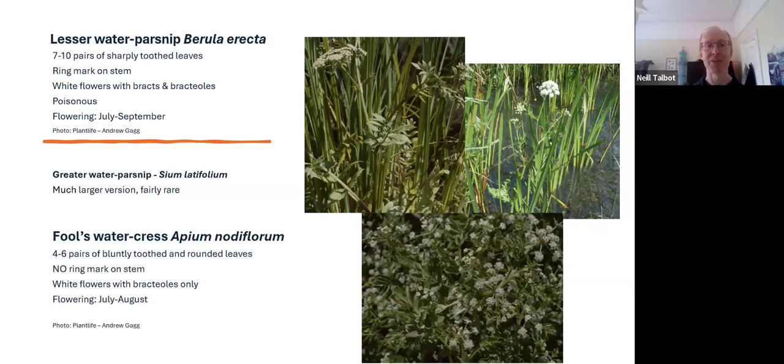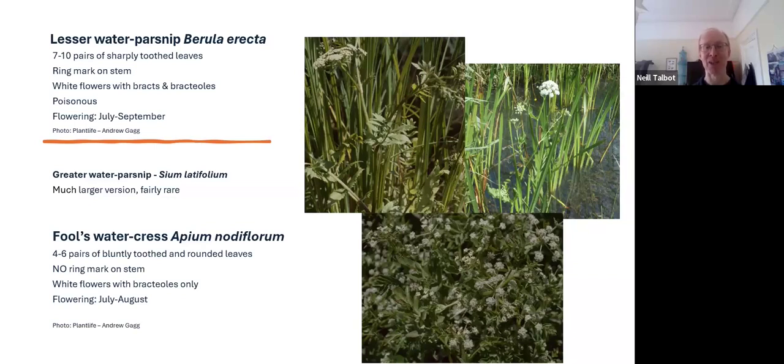Within the umbellifer head, the whole cluster of flowers, you sometimes have some small leaf-like appendages at the base of the whole umbellifer head, and that's what's known as a bract. And then for some species, you get things called bracteoles, which are below each individual floret within the umbellifer.